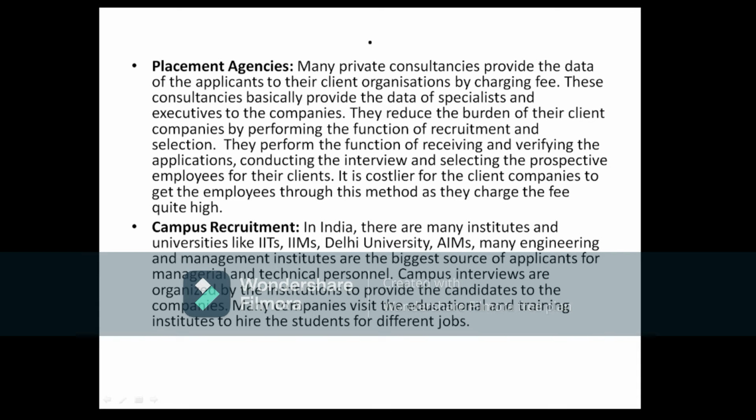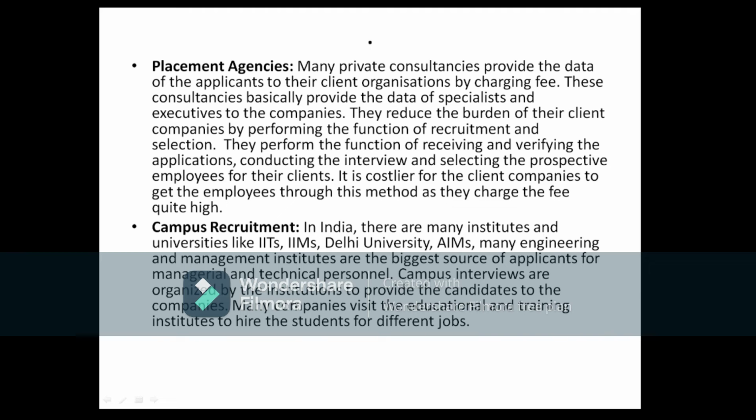And if they are performing all the functions of recruitment and selection, like advertising the vacancies, screening the applications of the candidates, taking interviews, and making the selection of the best candidate, these companies charge some fee from the employer. So it is costlier for the client to get employees through this method, as they charge quite a high fee. Next is campus recruitment.